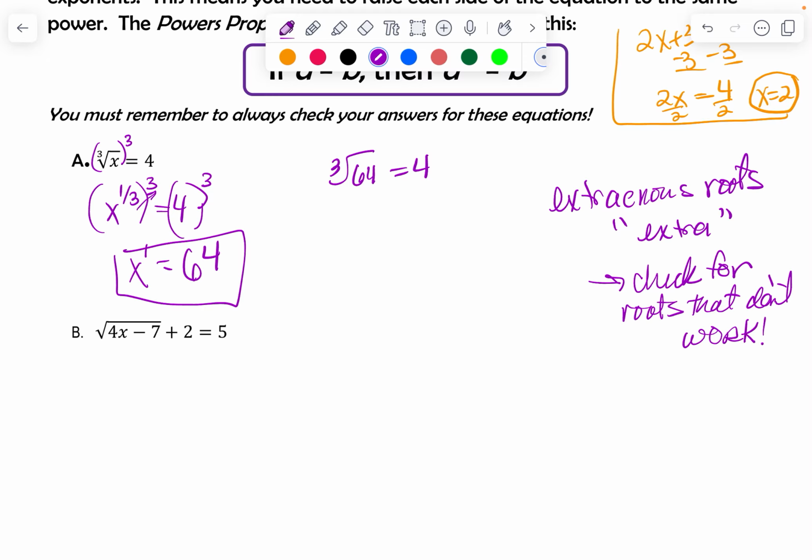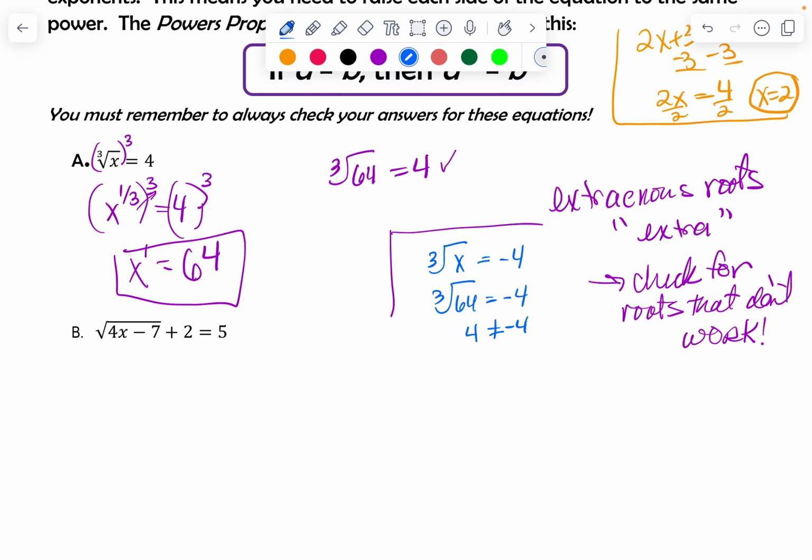Okay. So if I put 64 in there, the cube root of 64 is a positive 4. That's good. So what I mean by an extraneous root that might not work, if this had been the cube root of x equals, say, -4, when I plug that back in and I got 64 equals, when I solve this, -4, the cube root of 64 is 4. 4 doesn't equal -4.